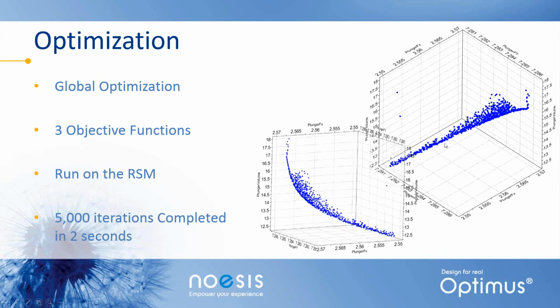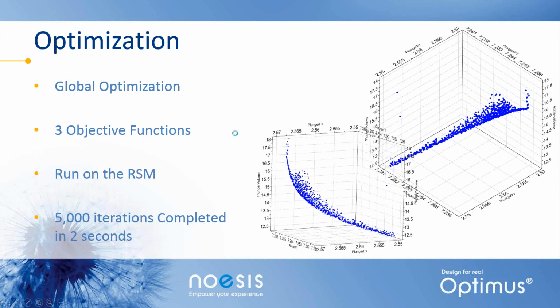And so we end up with kind of this helical Pareto front, which you can see on your screen here. All of the points on this surface are actually the optimal point when it comes to volume, force in the x compared with force in the y. What's interesting here is that we were able to run 5,000 iterations in about 2 seconds. Because it was running on that response surface model, all of these points were estimated instantly.